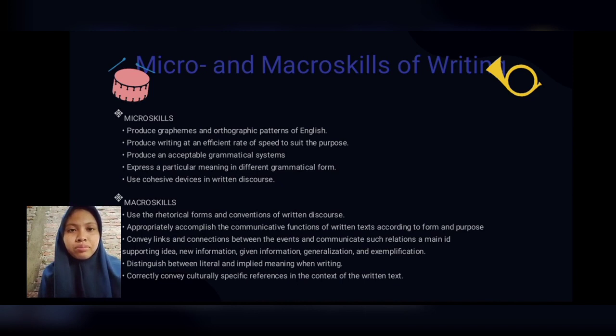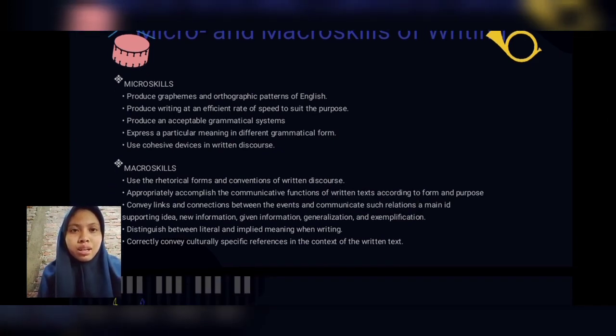Macro skills have 6 parts of writing. The first is to use the rhetorical forms and conventions of written discourse. The second is to appropriately accomplish the communicative functions of written texts according to form and purpose.